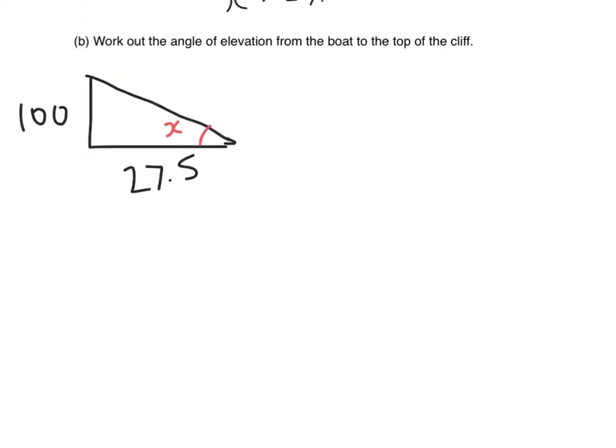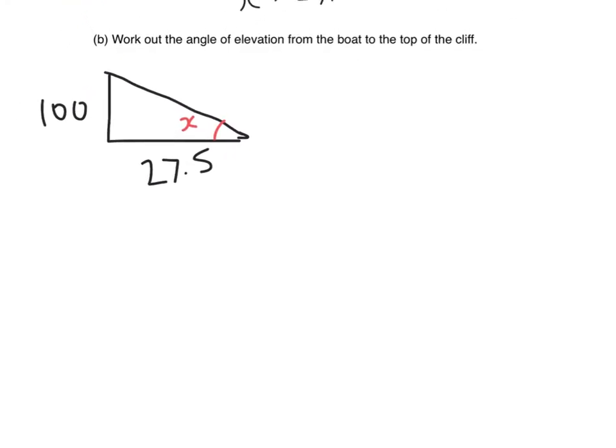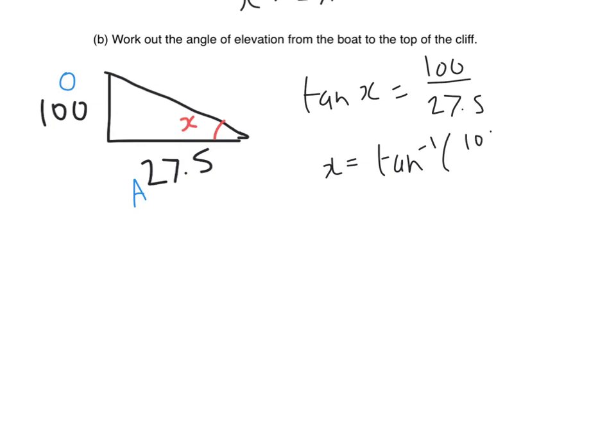So let's find x. We label our sides. Opposite the angle is O, and the other side, if it's not the hypotenuse, if it's next to the angle, it will be A. So we've got tan. Tan's quite popular function for these sort of questions. So tan x equals the opposite 100 over the adjacent, and then x is the tan inverse of 100 divided by the adjacent distance.